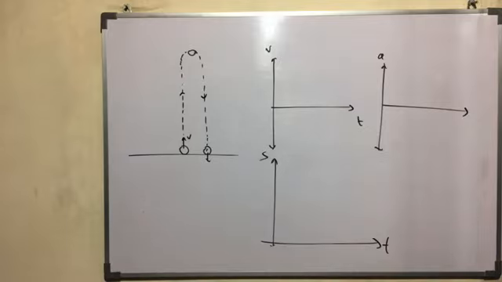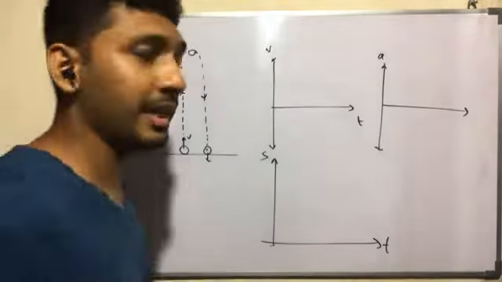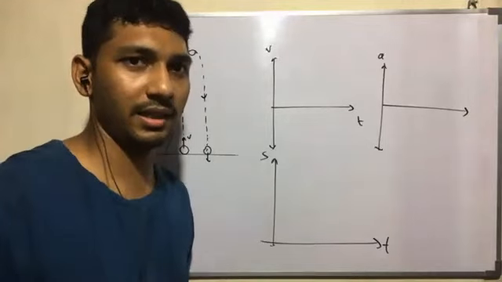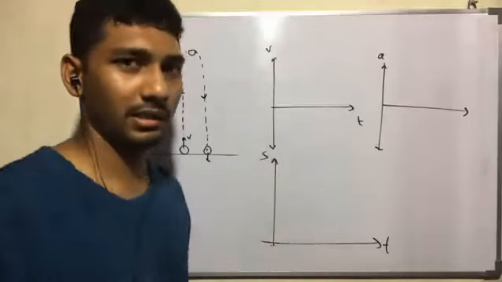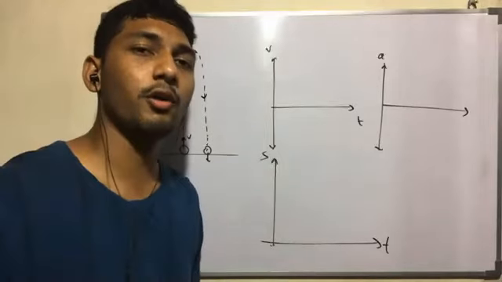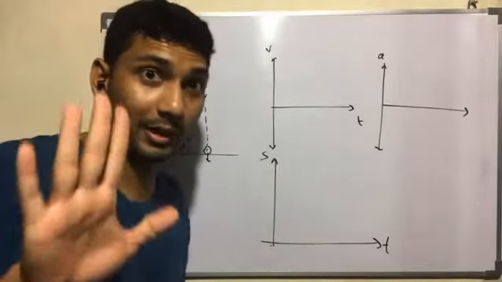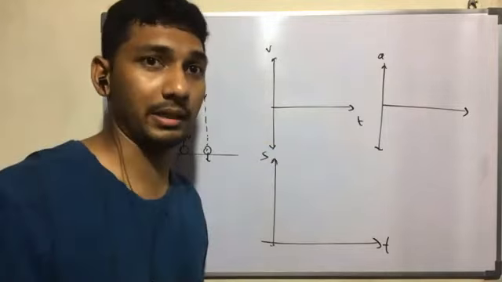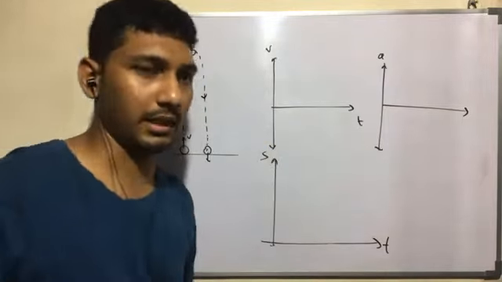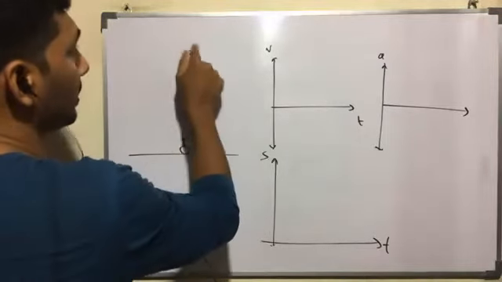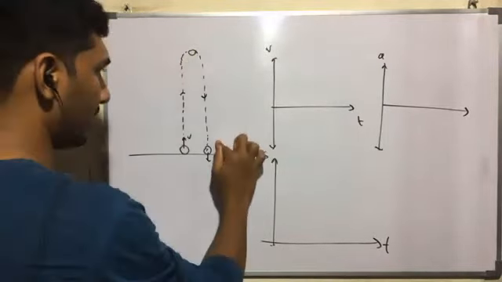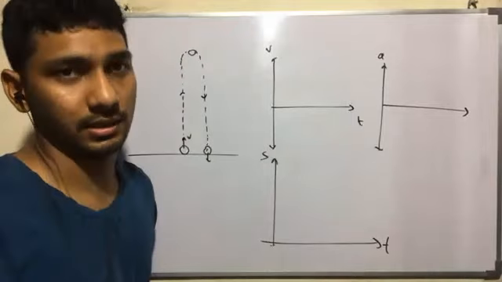Okay, time up. So first, the VT graph is very easy to draw because it is an acceleration graph. So velocity will be changing uniformly, not a curve. Initially it will decelerate and come to zero and accelerate in the opposite direction.